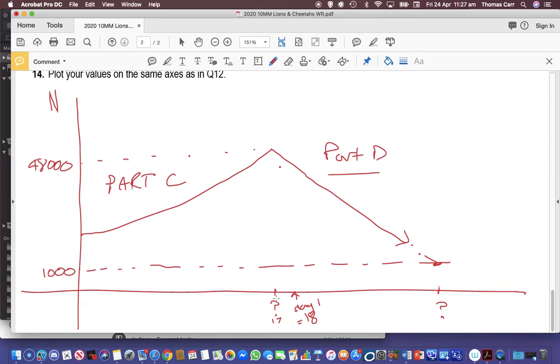So we're just going to have to add this value onto 1. And then after T equals 2 for part D, again, it's 2 past there because we're tacking these values onto the end of part C's graph.